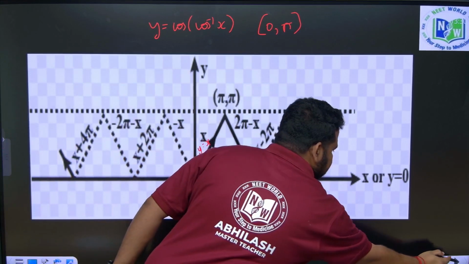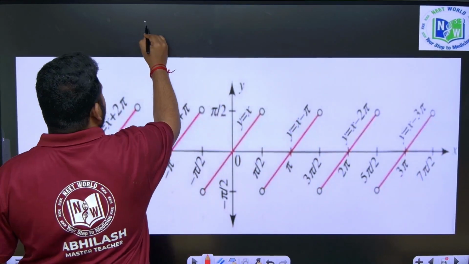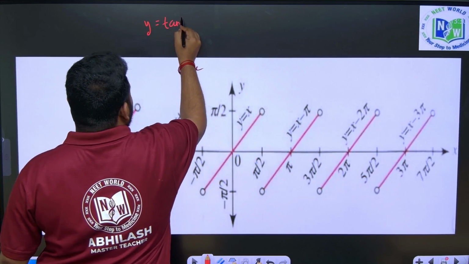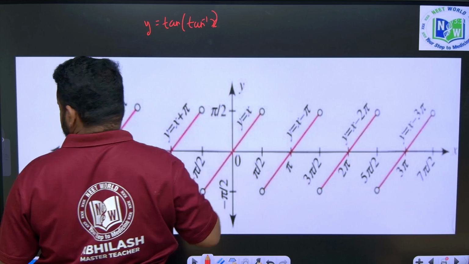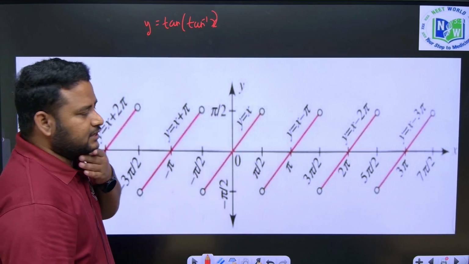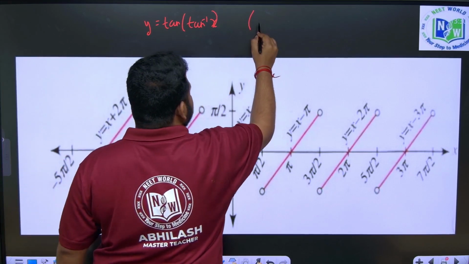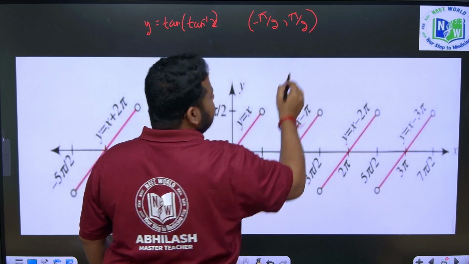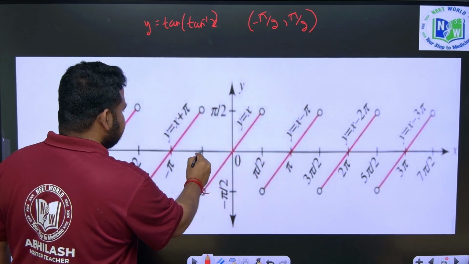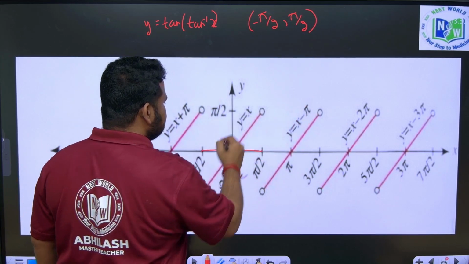Similarly for tan, y is equal to tan inverse of x. The principal value branch is minus pi by 2 comma plus pi by 2, open interval for tan. The line is y is equal to x.